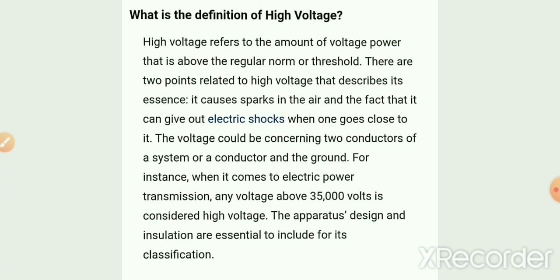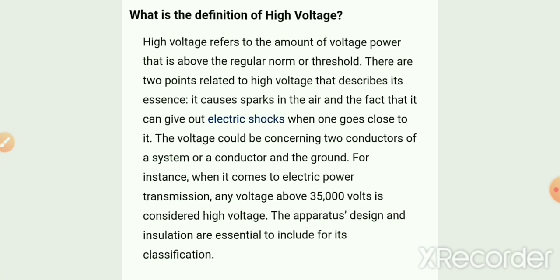Cables for 3000 and 6000 volt exist, but mostly used cables are in the range of 3000 and 6000 volt. Any voltage above 50 volt is considered dangerous for living beings.